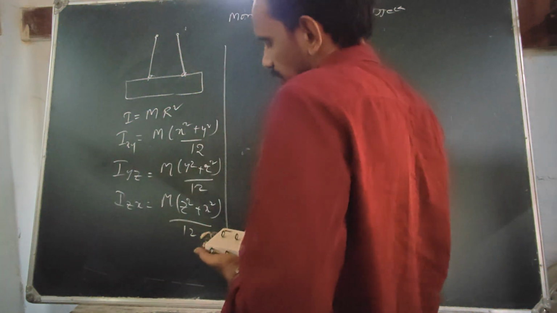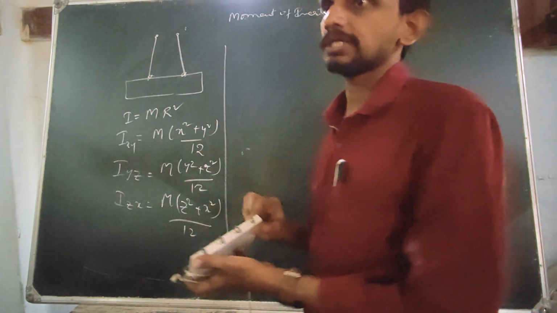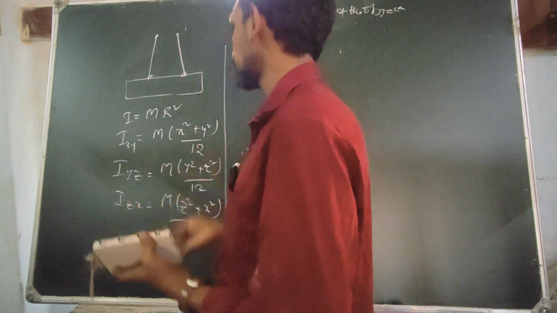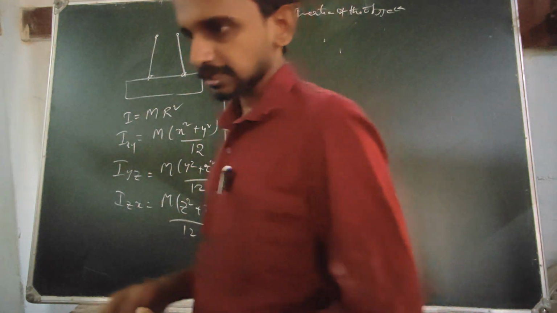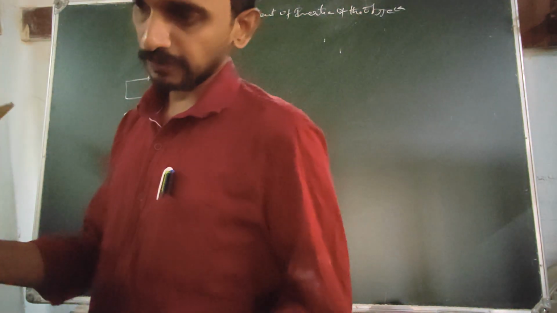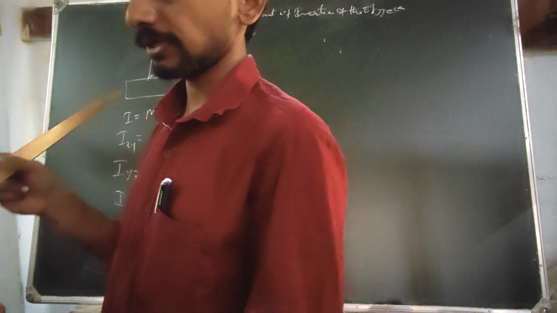And let's say one side of the slab is negligibly thin. What is the situation then? If you measure these lengths, the length in the z direction is 1 centimeter.